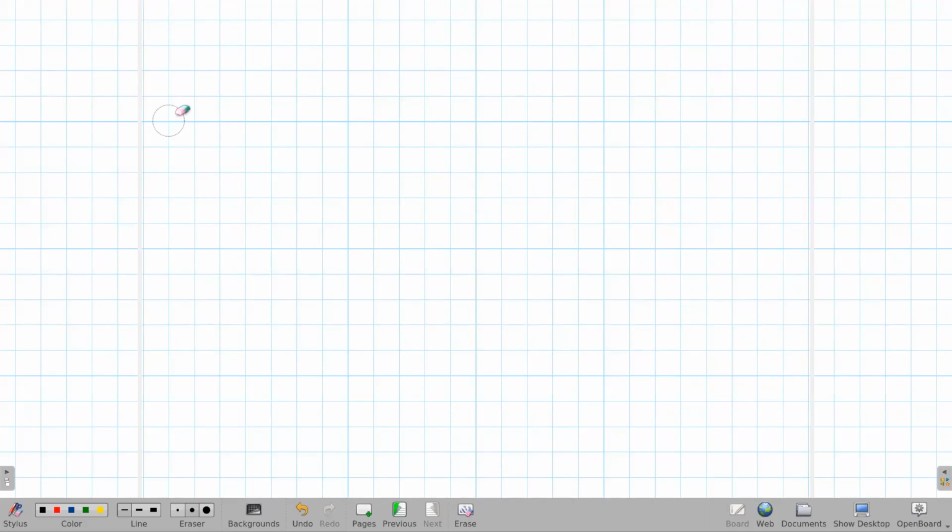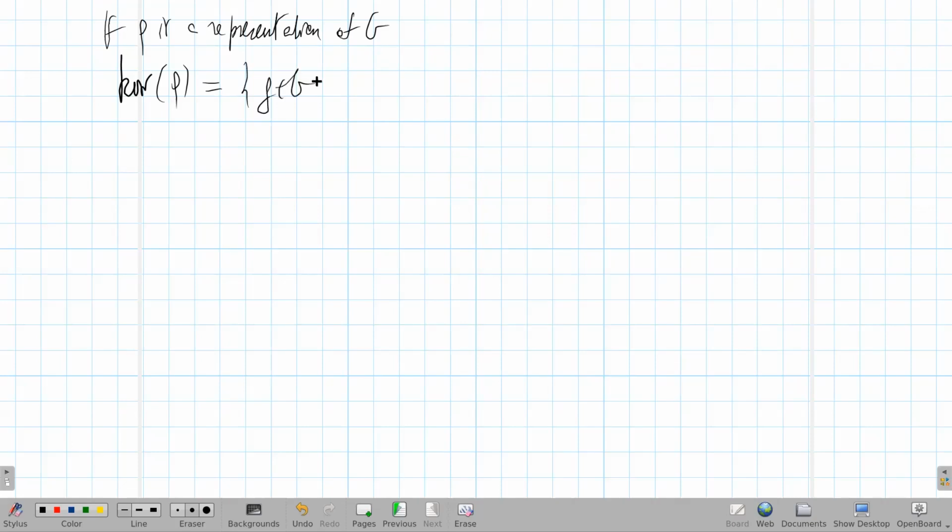And in particular, you can consider the kernel of a representation, okay? So if rho is a linear representation of our group G, usual conventions, G is a finite group and rho is a representation, so the kernel is the set of g in G such that rho of g is the identity, okay?